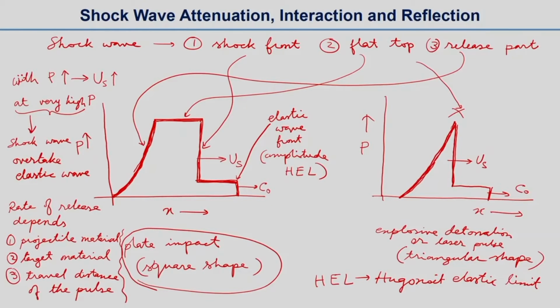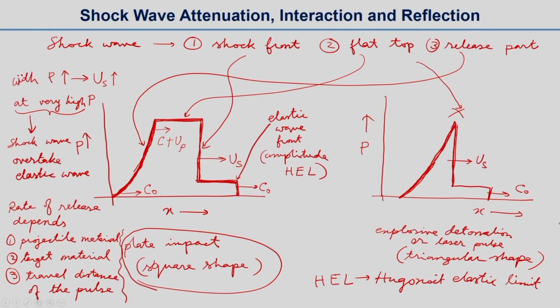So this release wave, I did not mention it here, has different velocities: at the start of the release part the velocity is c plus up, and at the back the velocity is c naught. So what are c naught and c?